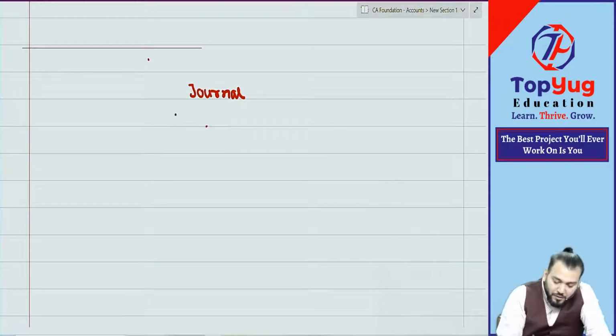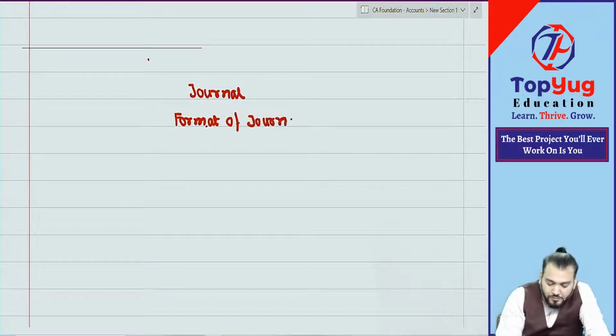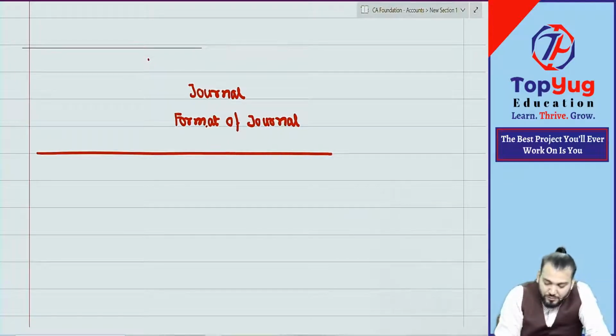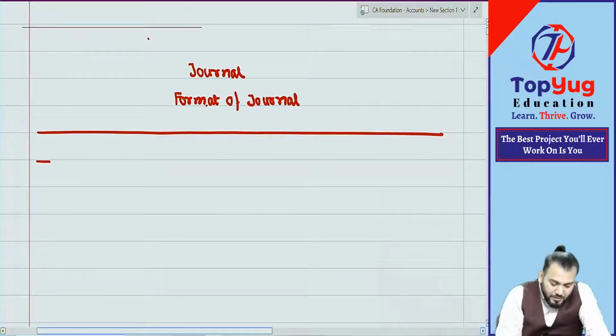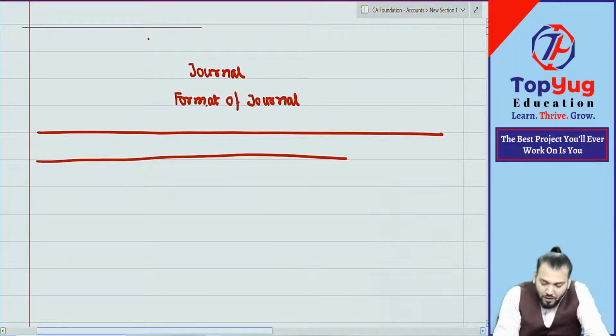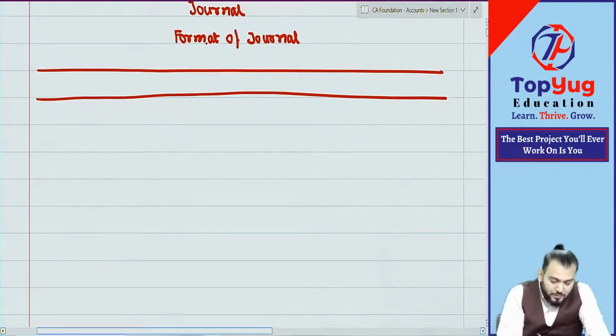So what will be the format of the journal? We need to understand that also. In the format of the journal, how many columns will there be?